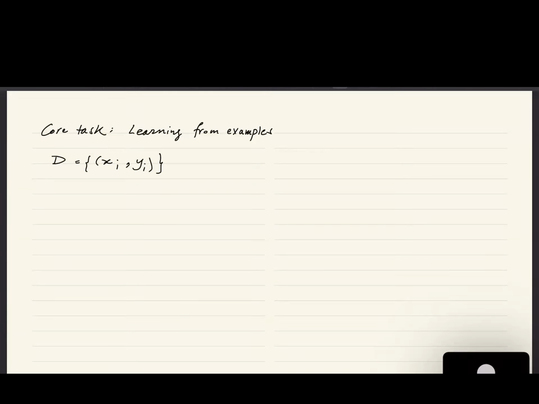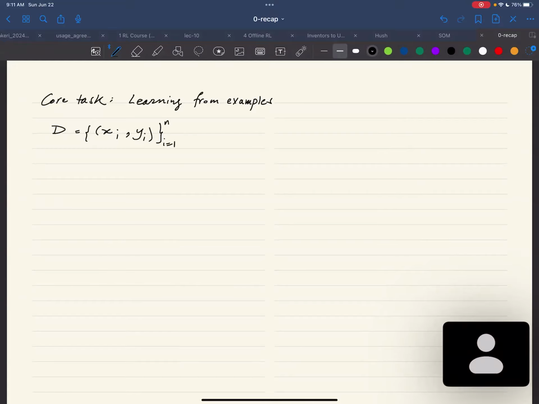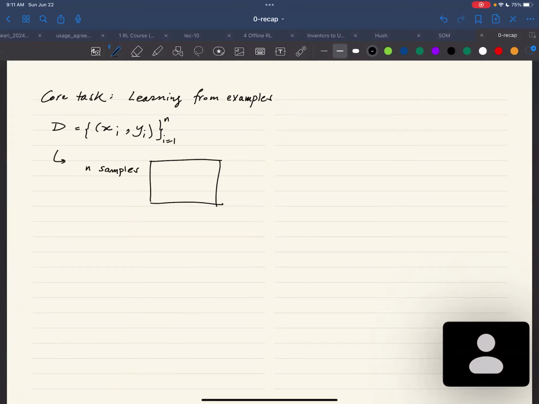So assume, just to formalize this, that we have n of these examples that we can use to learn this function. This function should be flexible enough to characterize all of the relationships between x and y. So for example, a data matrix of n rows, where each observation or sample has d features.